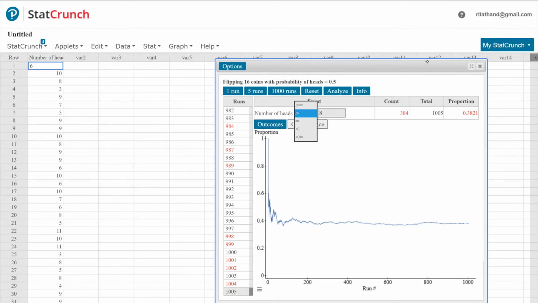If I change this to greater than or equal to 8, then this convergence here is converging around 0.5 or 0.6. Proportion 0.6.